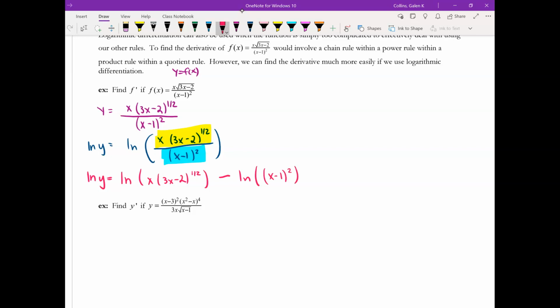All right, so that's going to help, but we still need to simplify this. So now if I look at the argument of the first logarithm, I see I still have a product. So I could rewrite that now as a sum of logs.